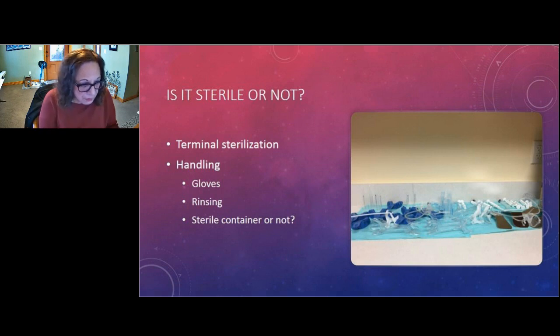And it keeps the instruments from coming into contact with gross contaminants, but also from air and from contamination by handling. You don't have that layer of protection in the items that you soak. As soon as you take them out, they're exposed to the air. So they could potentially become contaminated by whatever's floating around in the air.